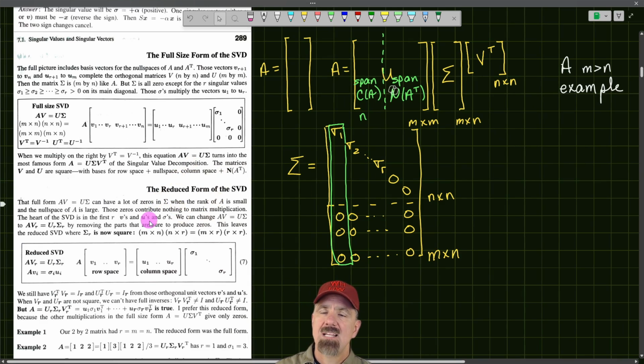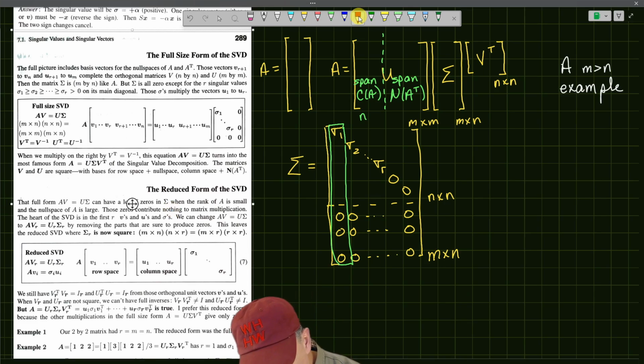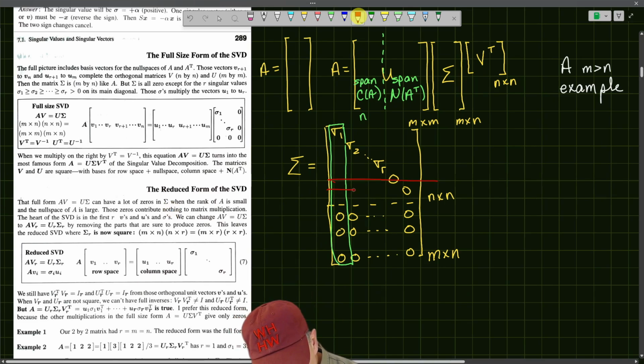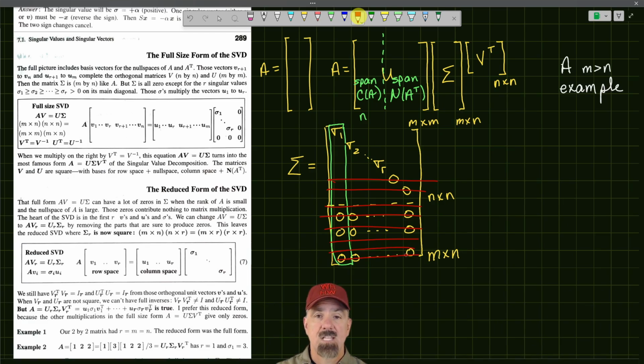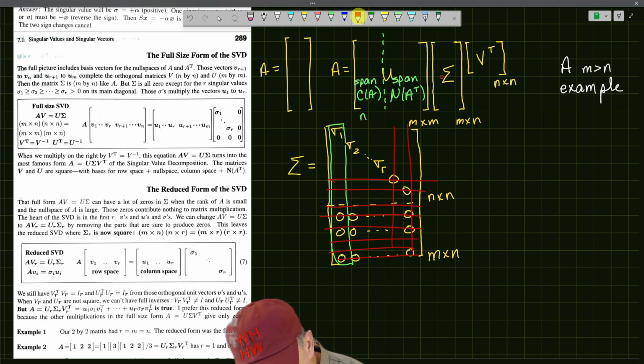This is where the whole idea of an economy SVD comes from. What we're going to do is get rid of all of the 0 rows in our sigma, as well as all of the 0 columns. And in order to make the multiplication work out, we're going to shrink everything down accordingly. So in this case, we have kept a little piece of sigma, which we call sigma r.